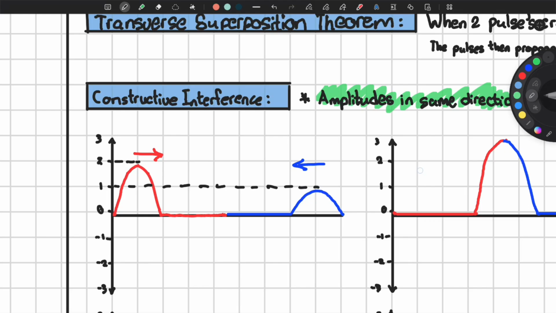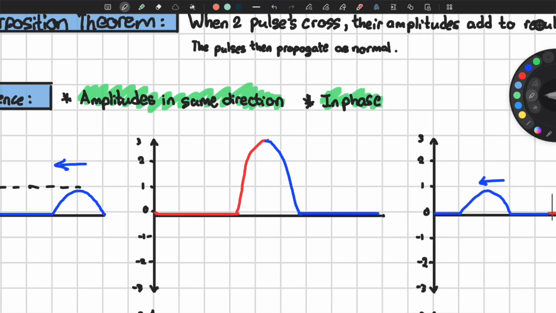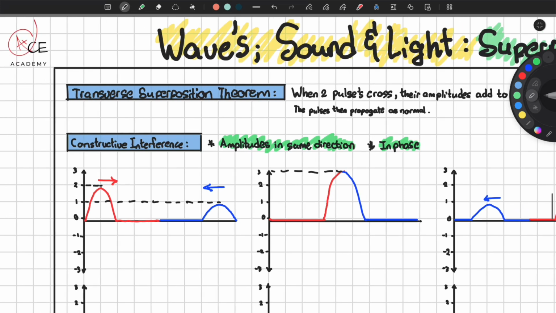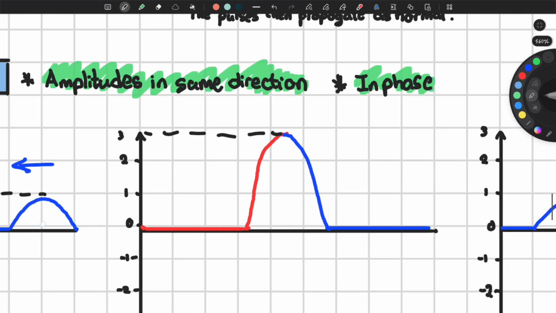Now let's look at what happens when those two pulses collide with each other. We can now see that this new pulse has a new amplitude of 3, which corresponds to the y-axis. Now, why does this new pulse have an amplitude of 3? That is simply because all we had to do was add up the individual amplitudes of both pulses, and we would get the resulting amplitude of the newly created pulse. So let's do that quickly just to check it.